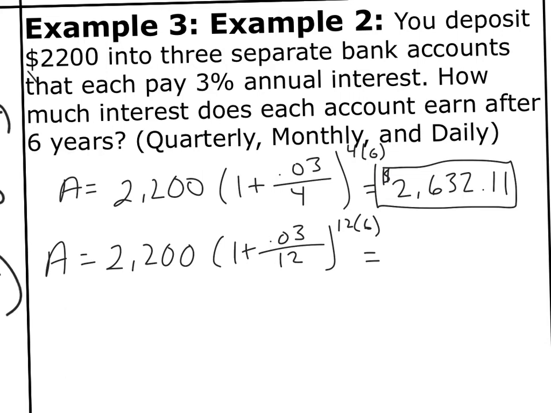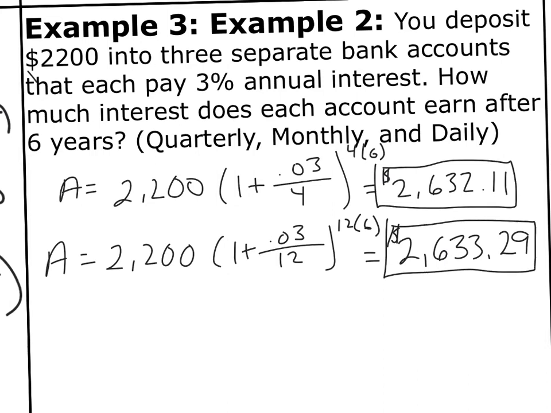So raise this to the 72, times it by 2,200, and you get $2,633 and then 29, I guess, cents. So that's what we have here for this one.